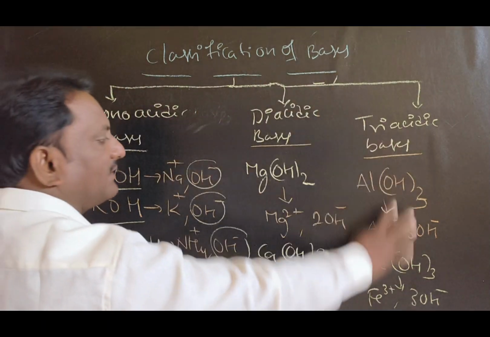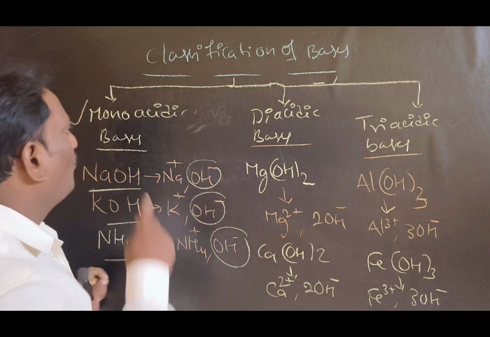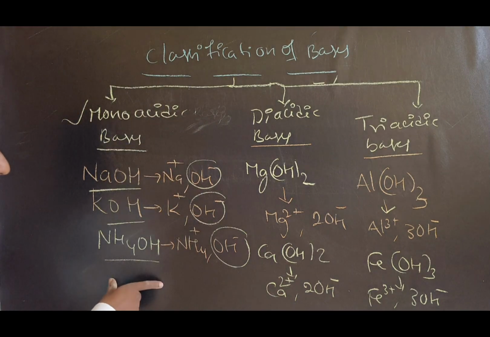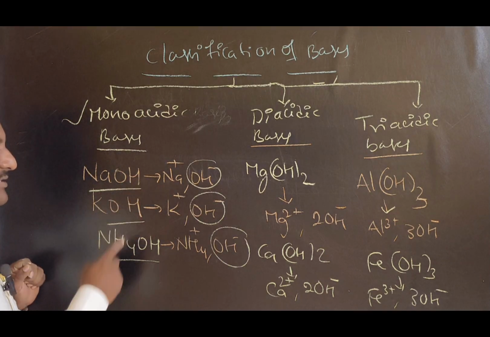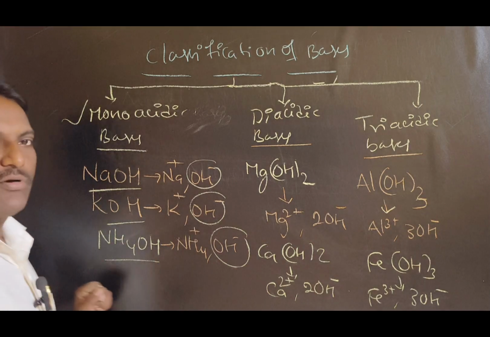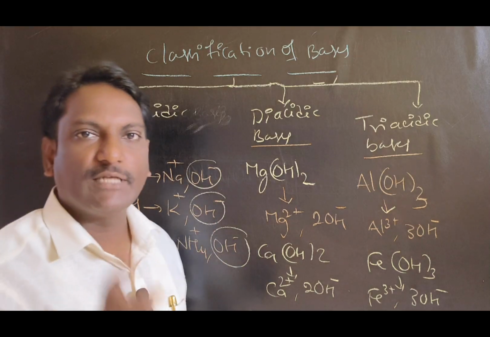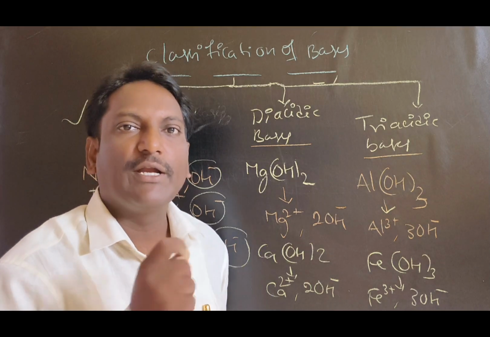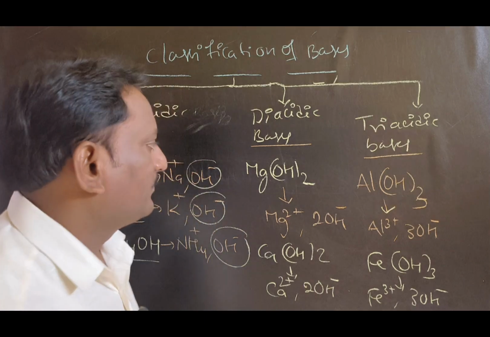So based on acidity, bases can be classified into three types: monoacidic bases, diacidic bases, and triacidic bases. Monoacidic bases are ready to produce only one OH minus ion per molecule. Example, sodium hydroxide, caustic soda, potassium hydroxide, caustic potash, ammonium hydroxide. Next, diacidic bases produce 2 OH minus ions per molecule when dropped in water.